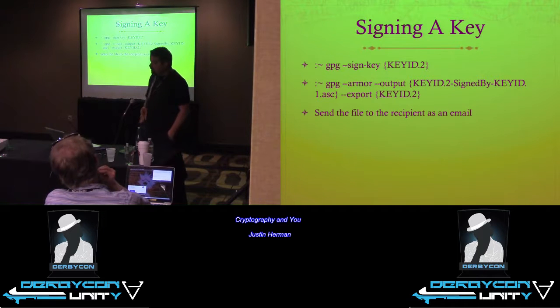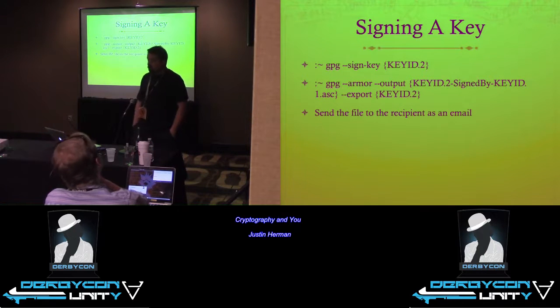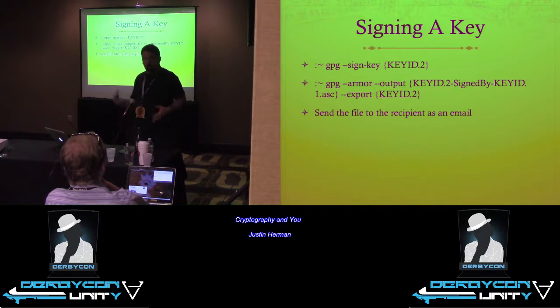Now this step here is also the same one you would use if you were to sign someone else's key, and that's what we're going to do later this afternoon, right after this: we can sign each other's keys. So I would import your key ID after it's been uploaded to the key server, or if it's been communicated through us in another method, and then I would perform a key signing on that.